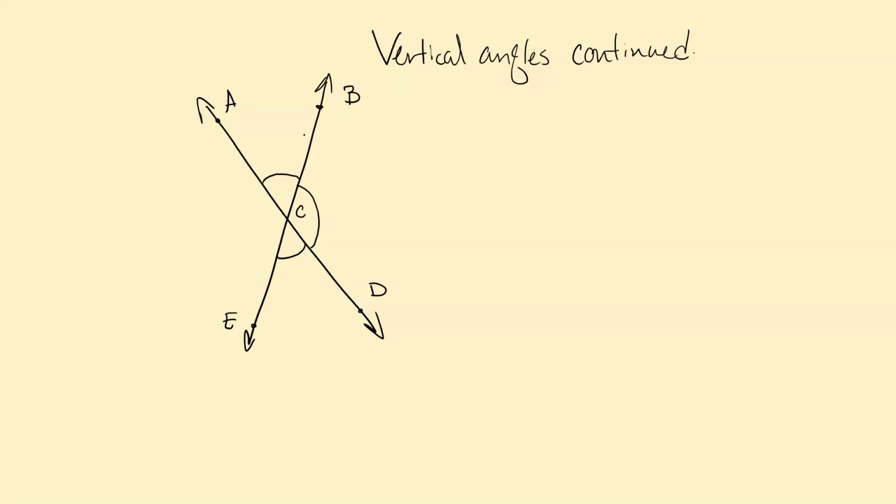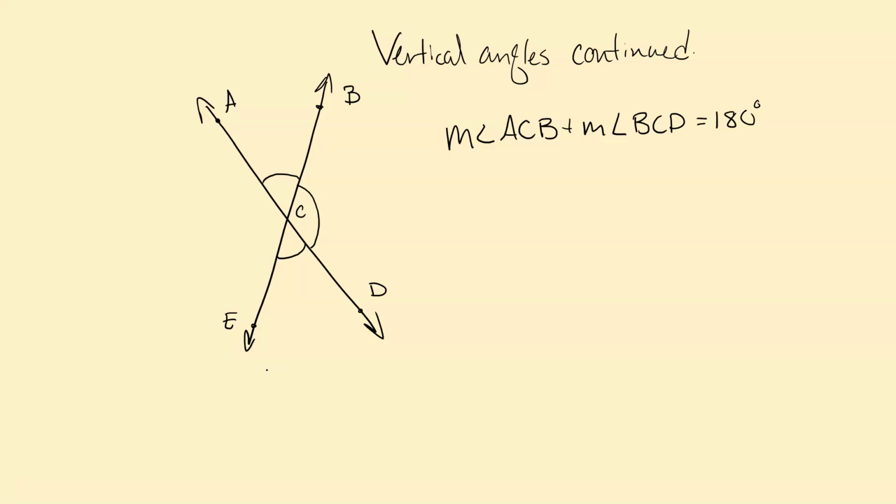So angle ACB is linear pairs with angle BCD, right? They form this straight line AD. So that means I know they're supplementary. So I know the measure of angle ACB plus the measure of angle BCD has to equal 180 because they form this straight line.